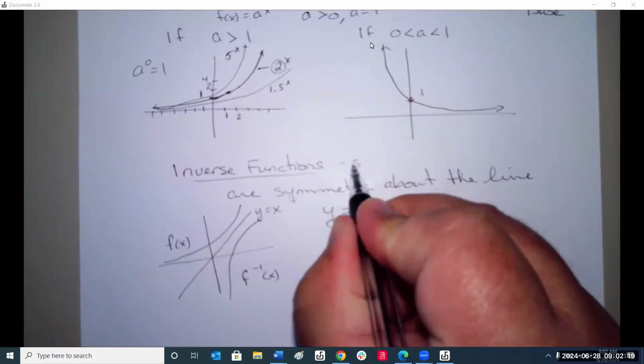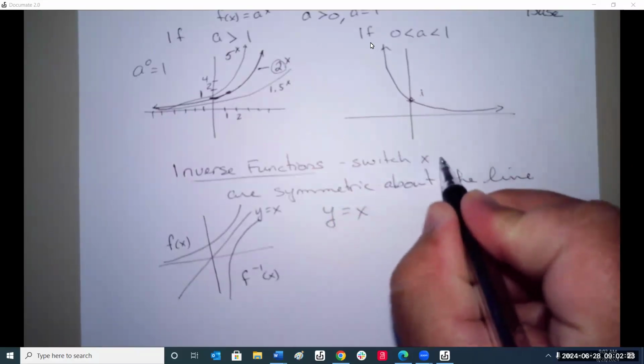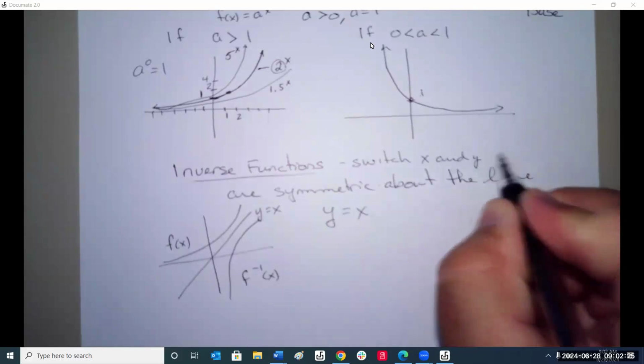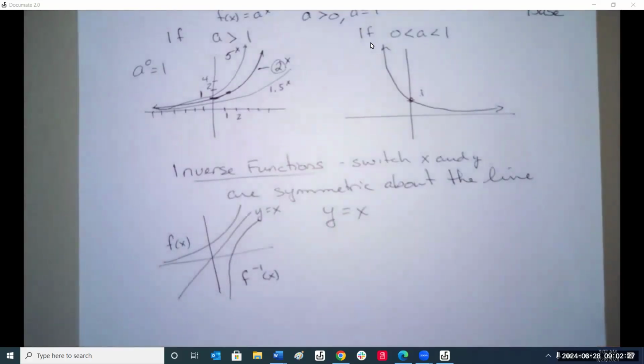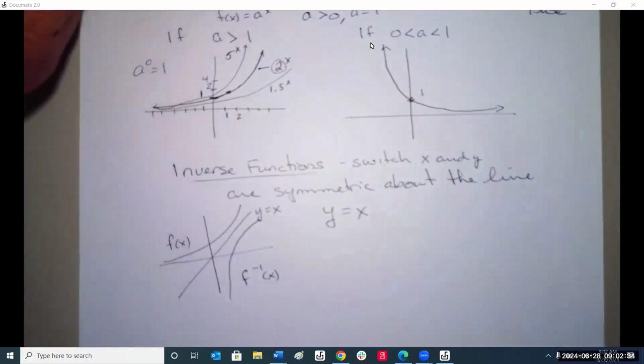Remember, you switch x and y to find it. Okay, so that's leading to where we are today in logarithmic functions.